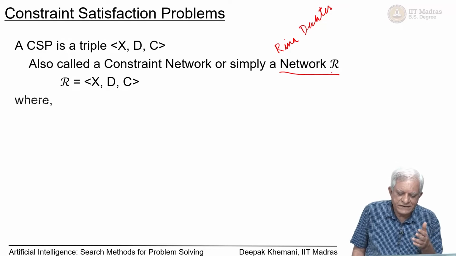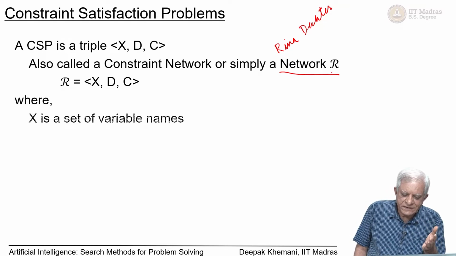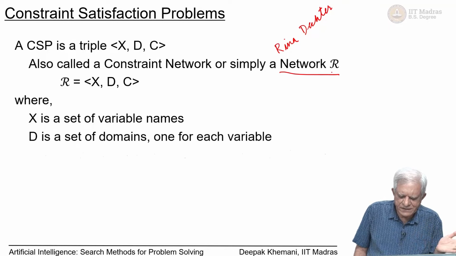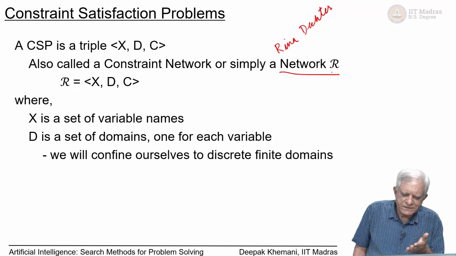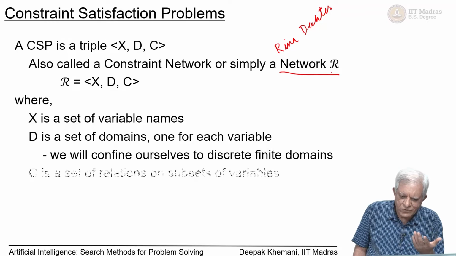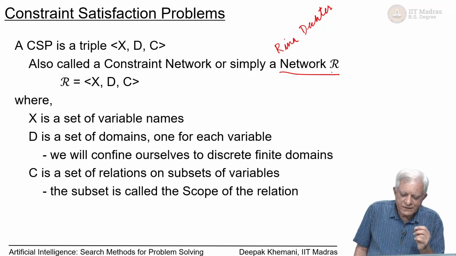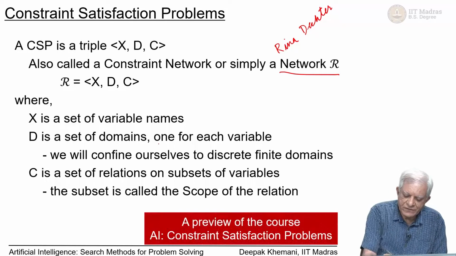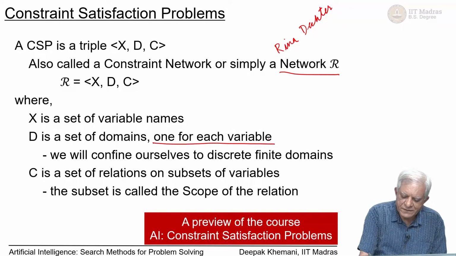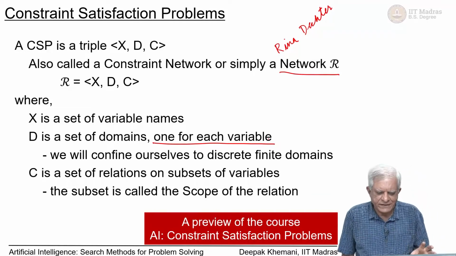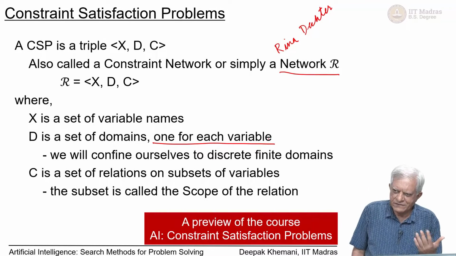What are X, D and C? X is a set of variable names. So, for example, we had some examples of courses and rooms and so on, or whatever the case may be. D is a set of domains, one for each variable. If there are n variables in X, then we need to define n domains, one for each.